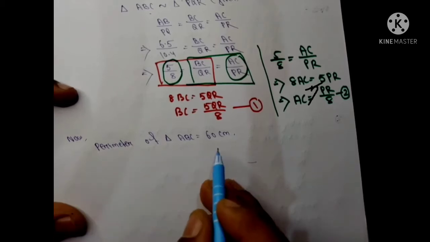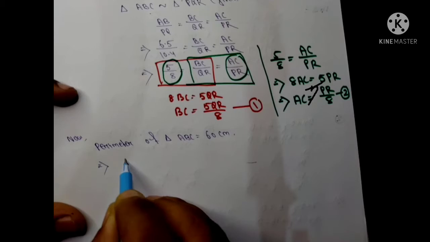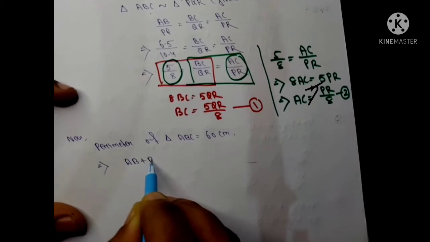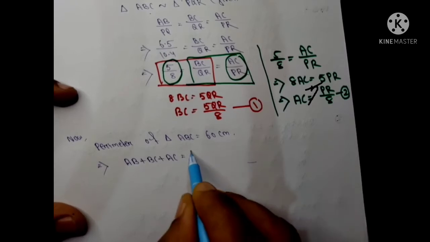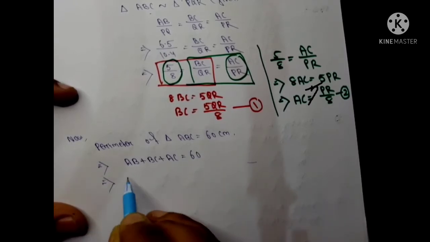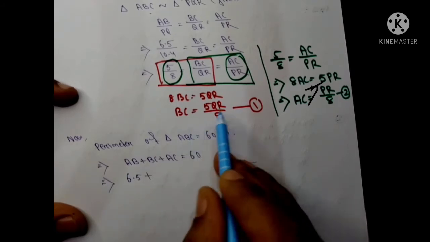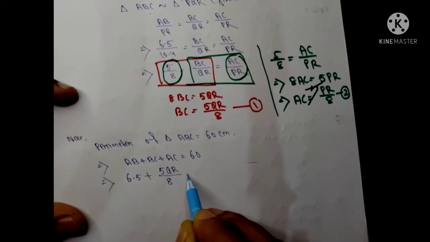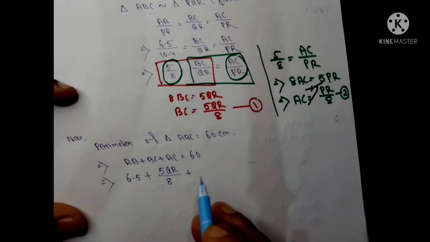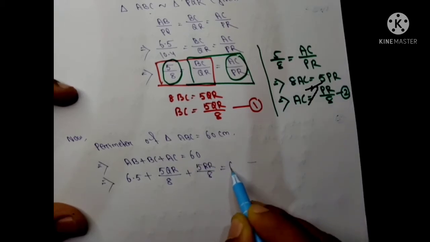Here it is given that the perimeter of triangle ABC is 60. That means AB plus BC plus AC, the sum of its 3 sides, becomes 60, and the value of AB is given as 6.5. From equation 1, BC is 5QR by 8 plus from equation 2, AC is 5PR by 8 is equal to 60.